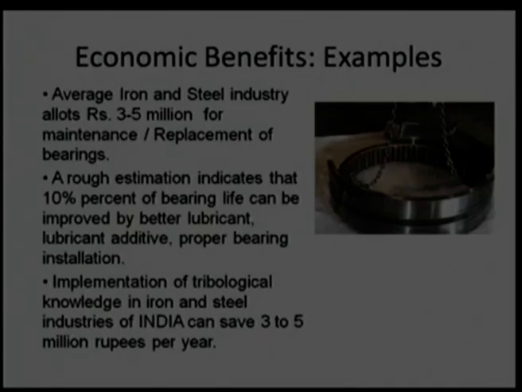If that can be avoided, even a rough estimate of 10%, keeping the other 90% the same, we are going to save roughly 3 to 5 millions per year, just based on 10 iron and steel industries. If I start counting other bearing industries or other industries where bearings are used, the saving will naturally be huge.